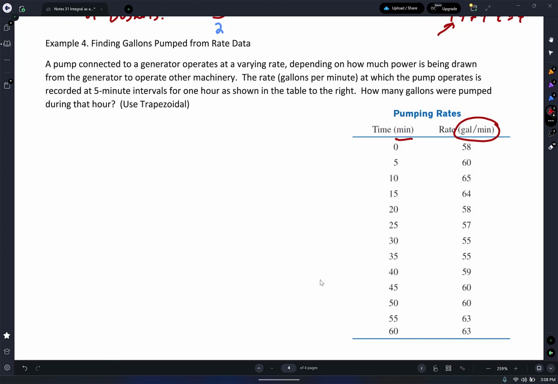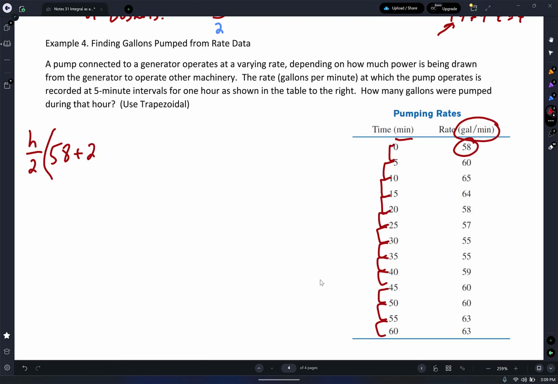So it wants us to use trapezoidal. Before I continue, does your delta x, which is quote unquote your height for your trapezoid, does it look like they're all 5? So I can use my formula if you want to be fast. So my formula, height divided by 2, open parenthesis, and then the very first one, I'm just going to write 58, plus, and then all the other terms besides the last one have a what in the front?